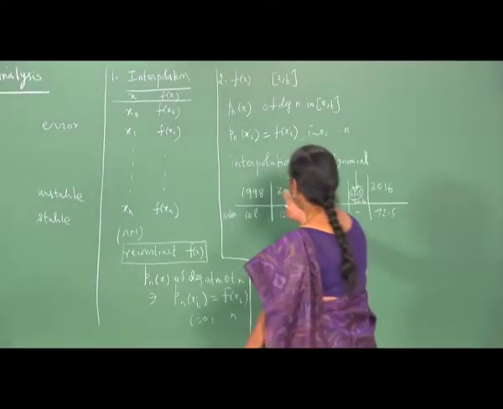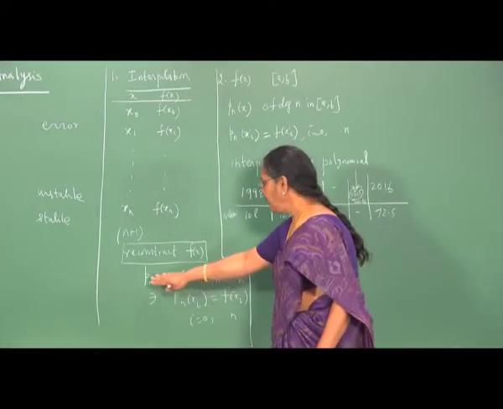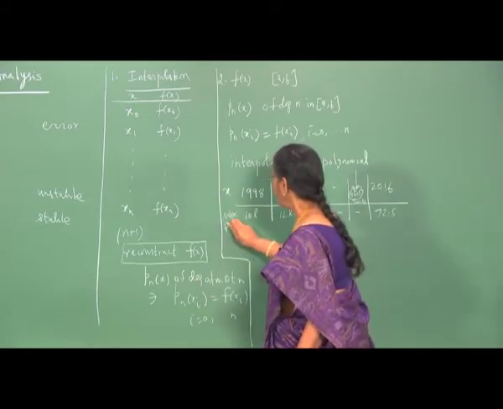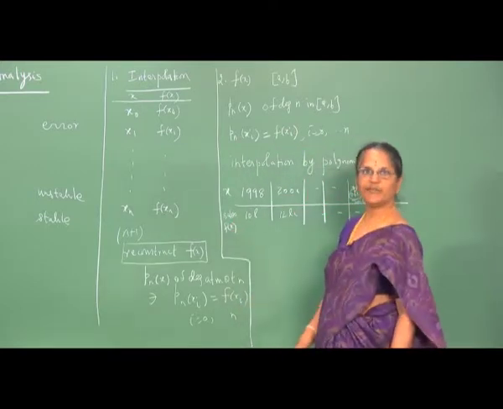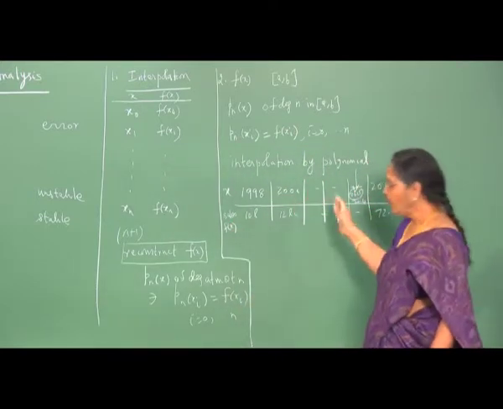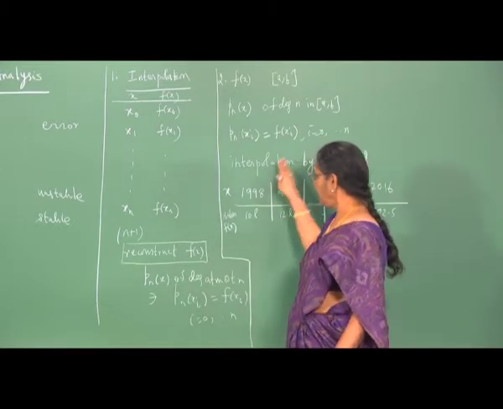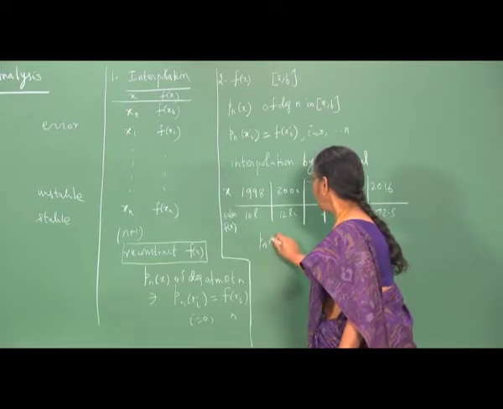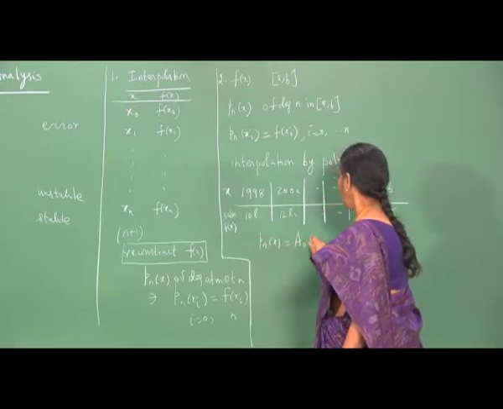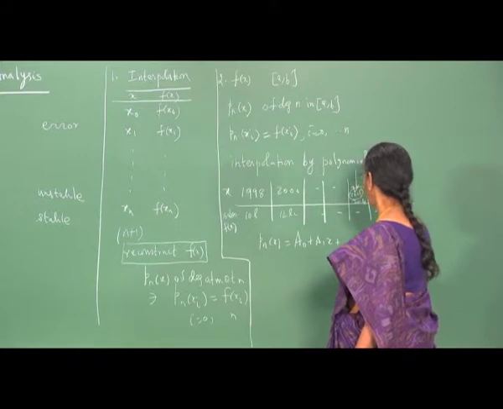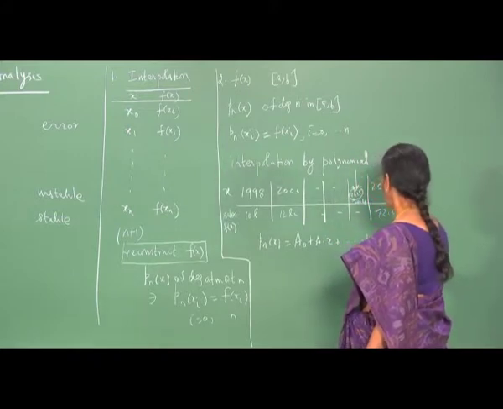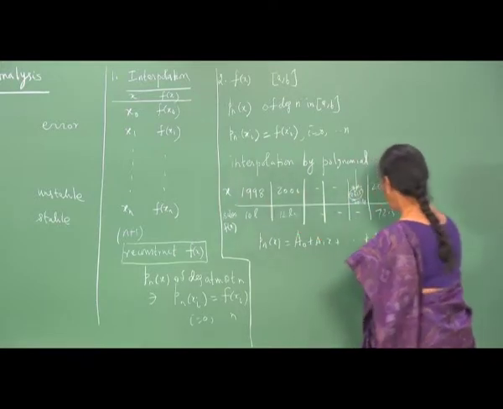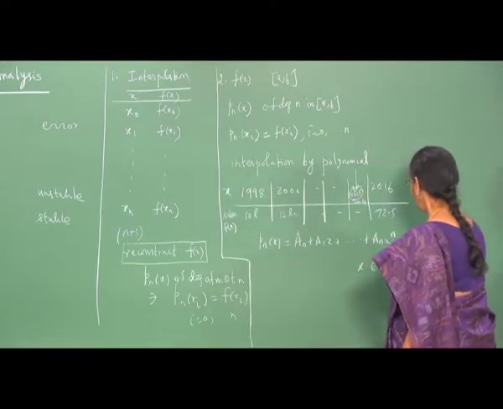Then one can fit a polynomial p_n of x. So, this will be x and this will be the value of f at that x, which are given to you. So, one can find an interpolating polynomial that interpolates this data and obtain a polynomial of the form a_0 plus a_1 x plus etc. plus a_n x to the power of n, for any x that lies between 1998 and 2016.